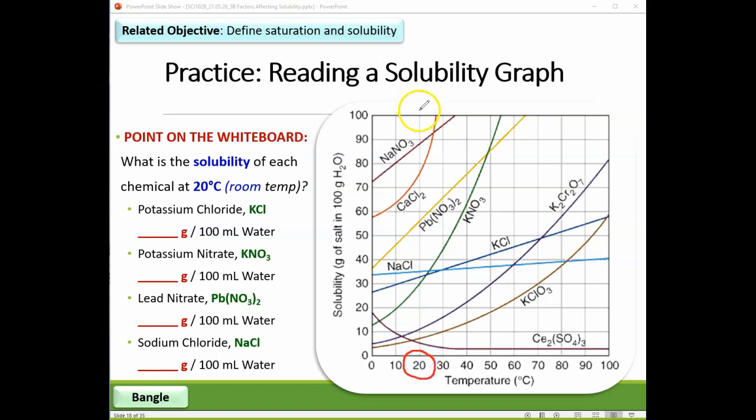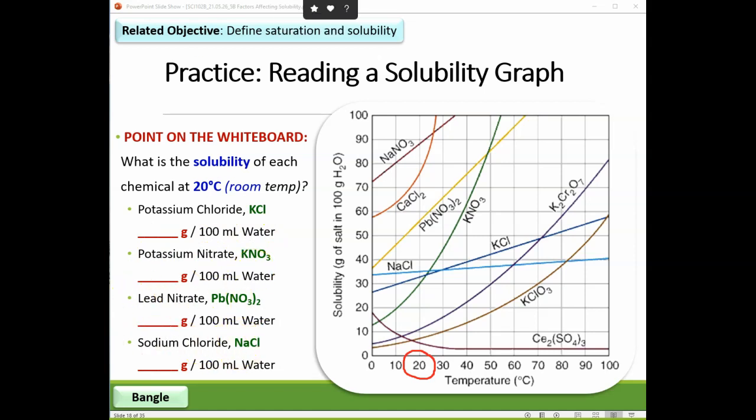We're going to be taking a look at everything that is on this 20-degree line, going up and down. Now, we need to find these 4 different substances: potassium chloride, potassium nitrate, lead nitrate, and sodium chloride.